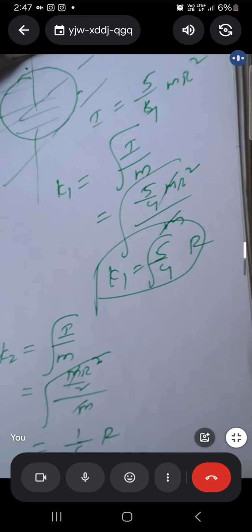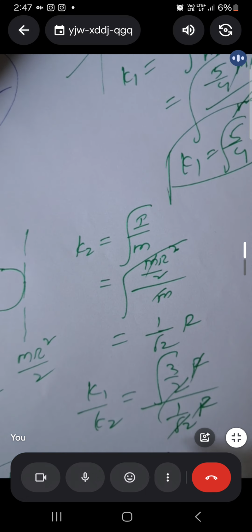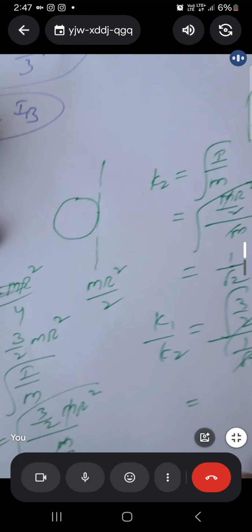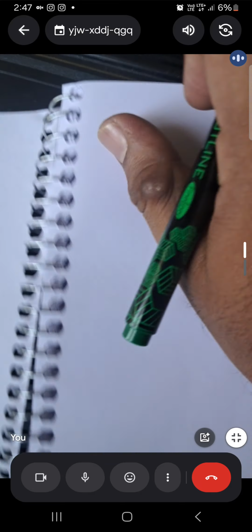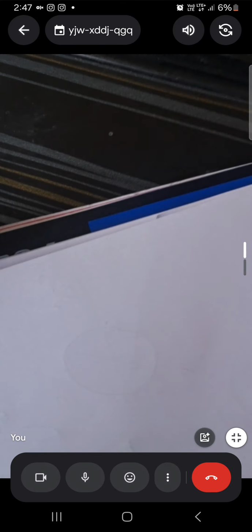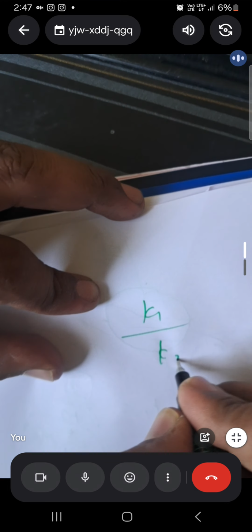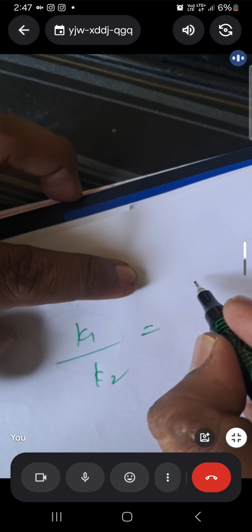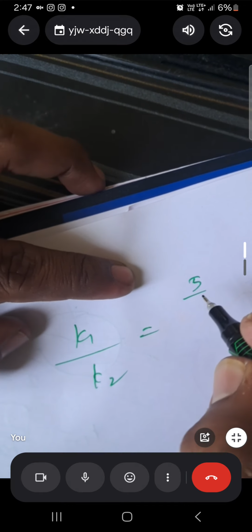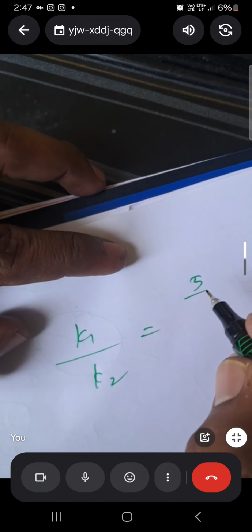So that means here I can write K1 by K2 equal to, what is K1 here? 5 by 4 root r.